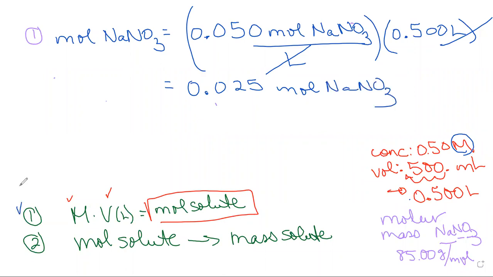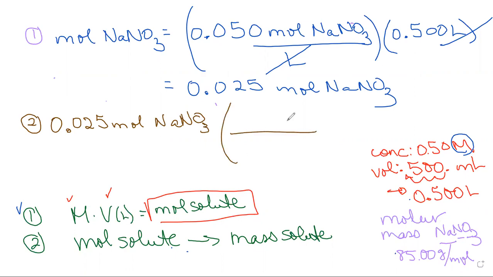So we finished step 1. Now we need our molar mass to get the mass of our solute. So for step 2, we take our 0.025 moles of sodium nitrate. We're going to multiply it by our molar mass, 85.00 grams for every 1 mole.